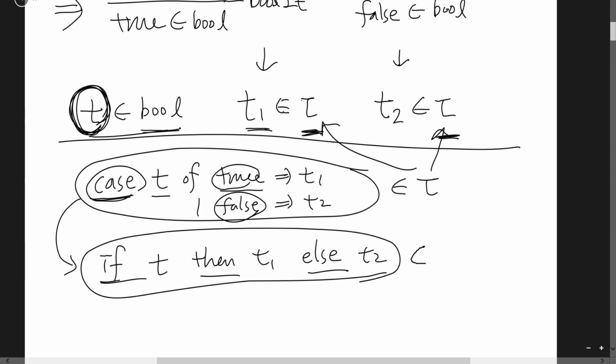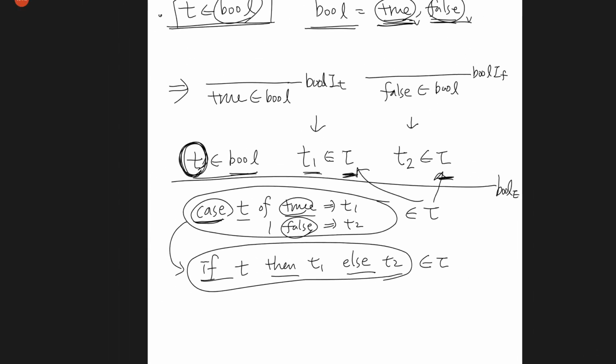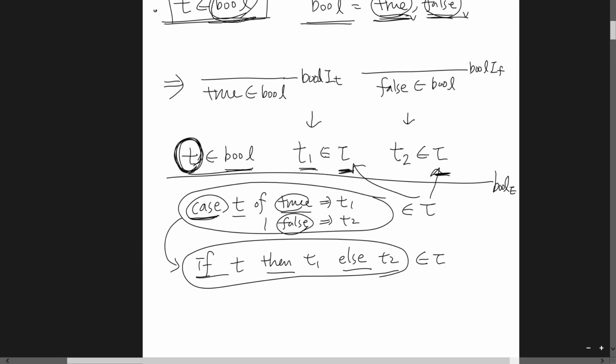So it is going to have a type tau, and this is the Boolean elimination rule. To summarize, terms for data type Boolean include true, false, and if then else.